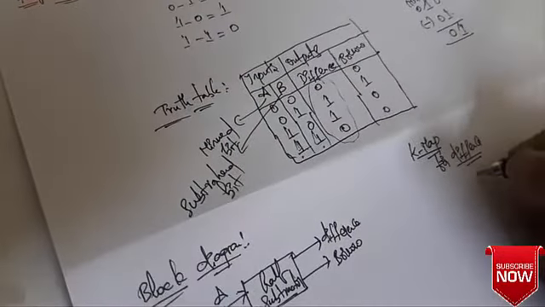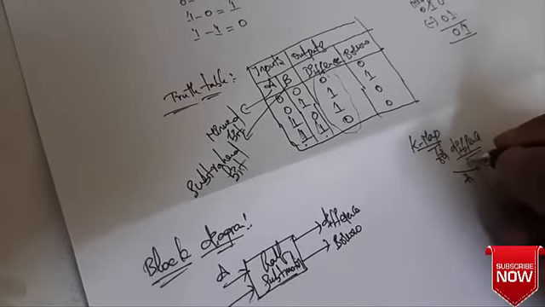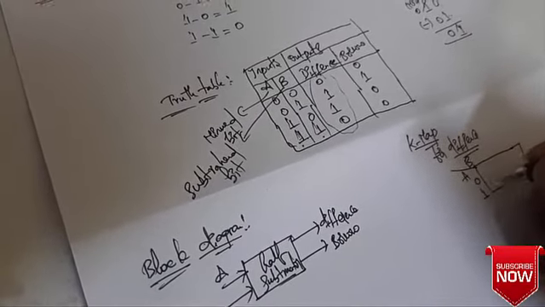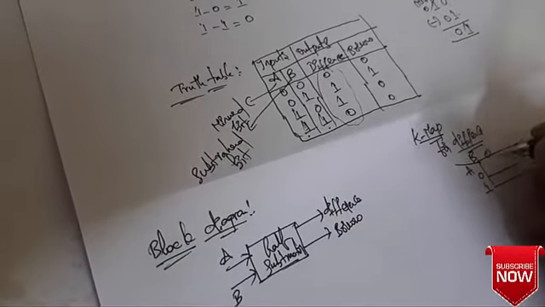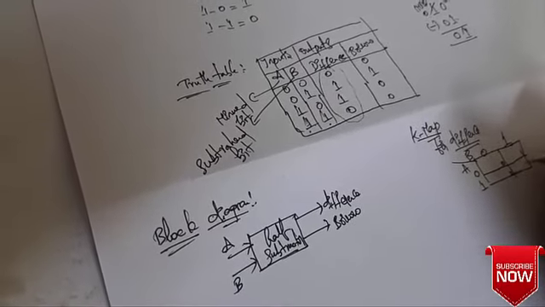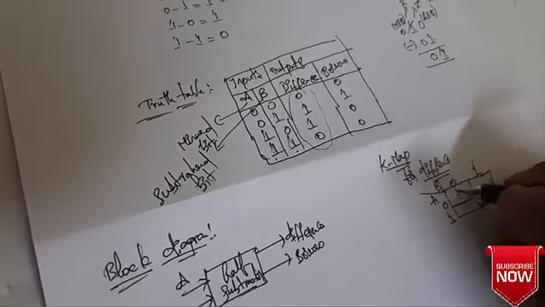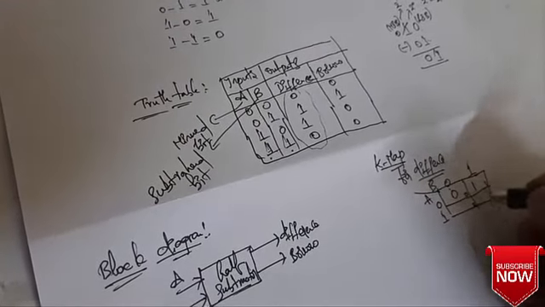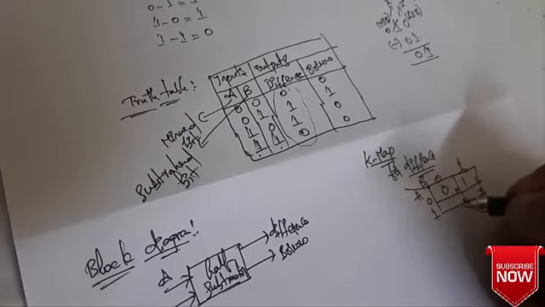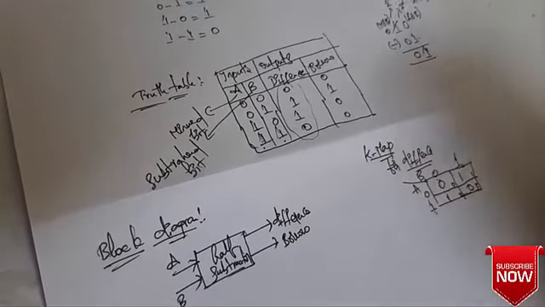Let's see, this will be A, B, 0, 1. Here you take 0 1. This will be 0, 1, 2, and here 3, right? If you take 0 0 means 0, 0 1 means 1, 1 0 means 1, 1 1 means 0.